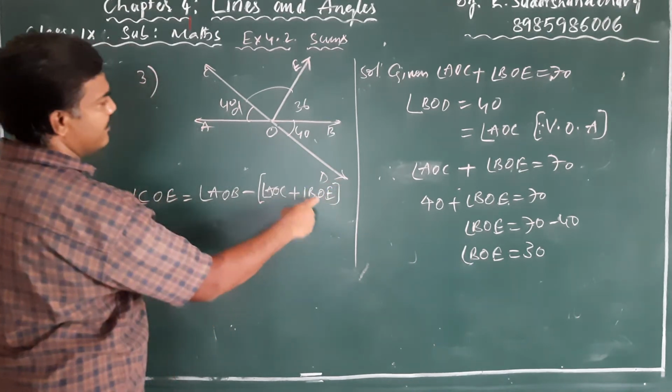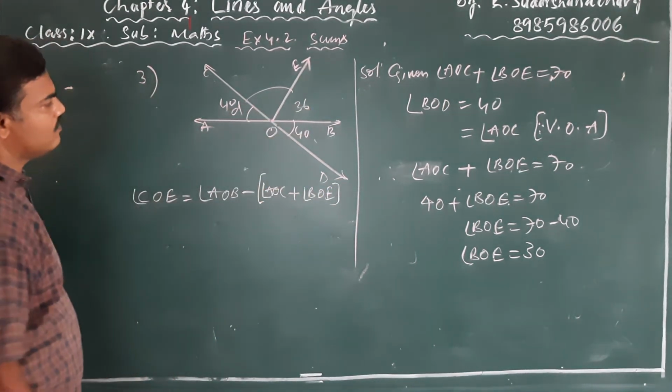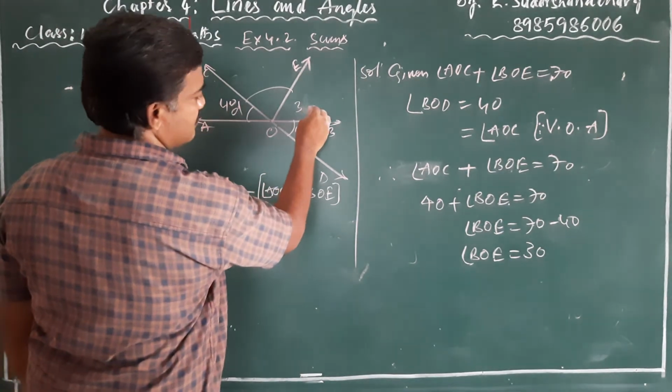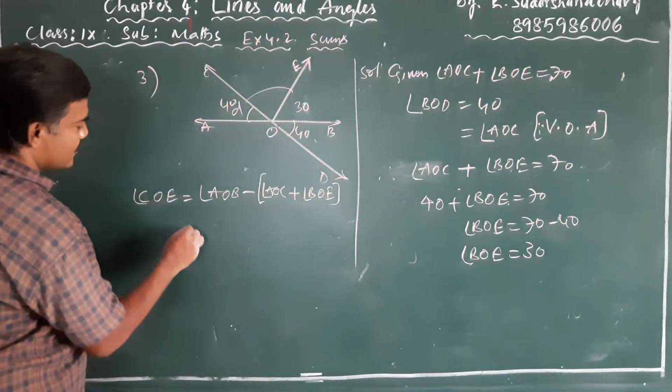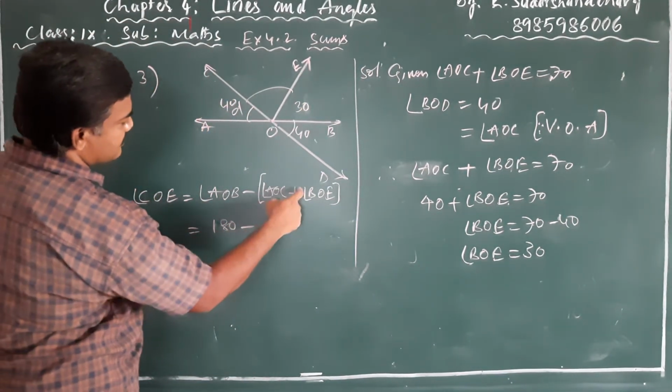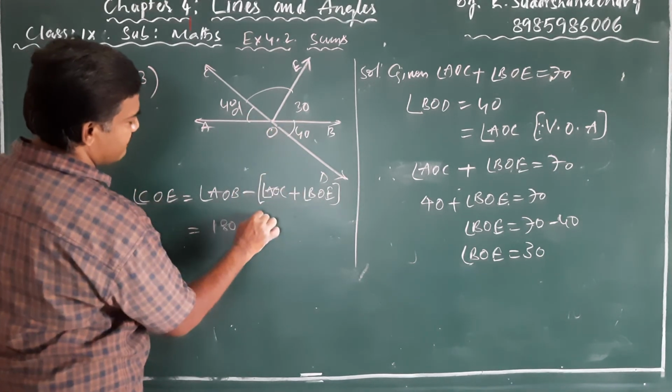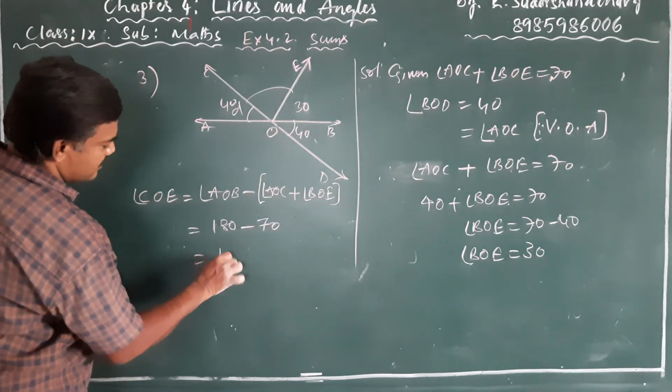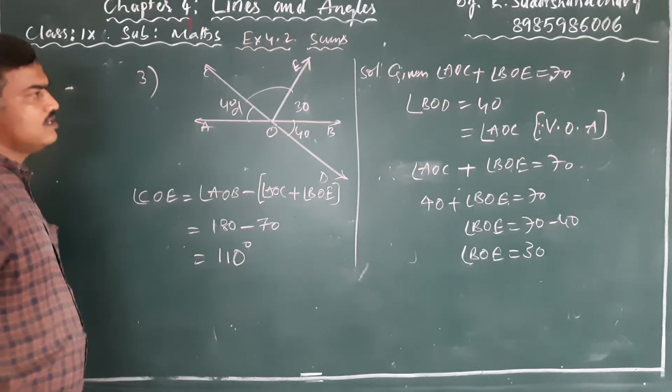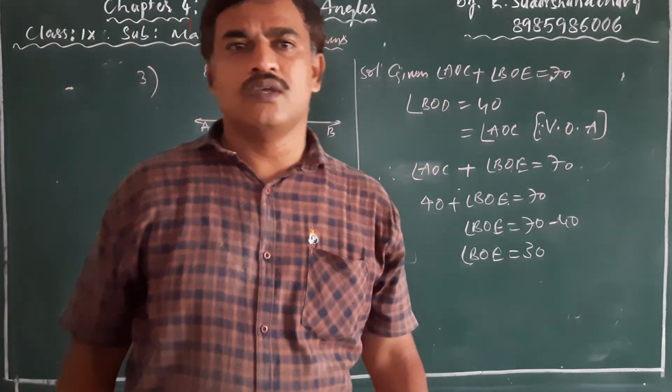Already we have the sum of this, 70. This is 30 degrees, not 36. So here 180 minus 70, already given, so that is 110 degrees. It is the solution of this one. Okay, now thank you children.